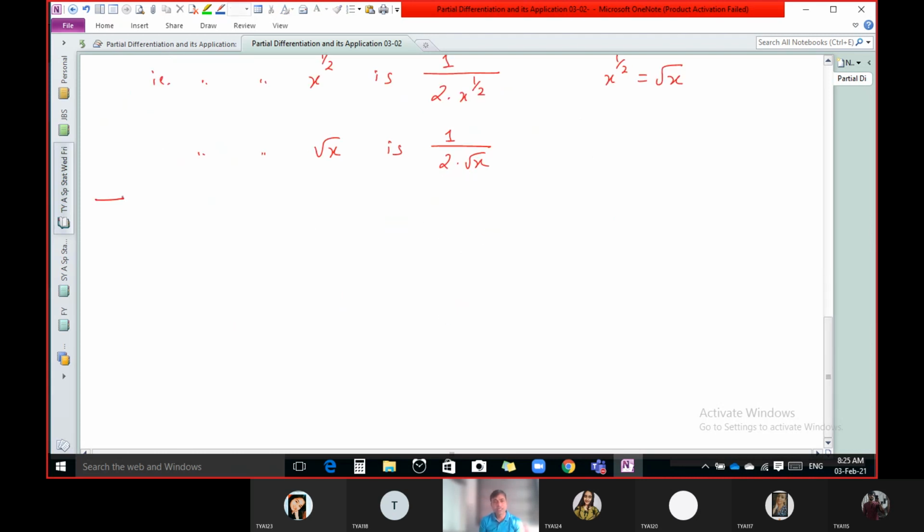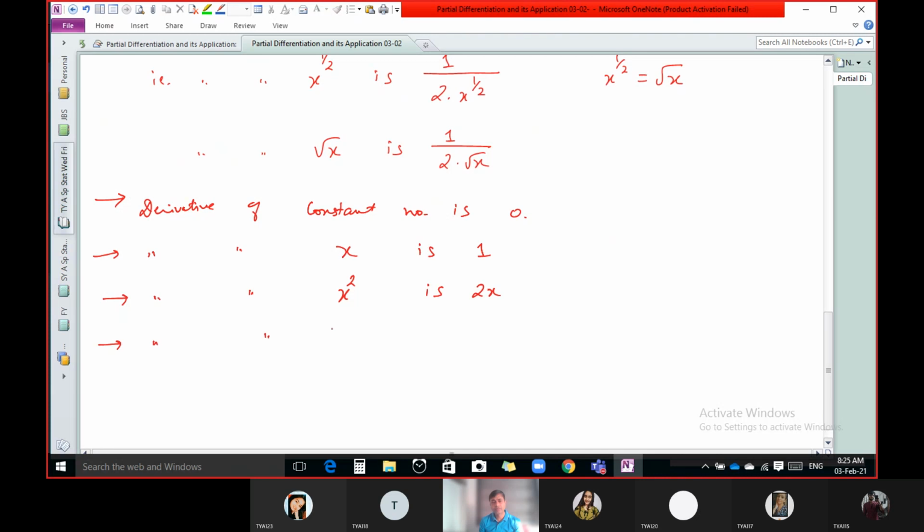So let us revise these results. You can consider this as a result. Derivative of a constant number is 0. Derivative of x is 1. Derivative of x square is 2x.